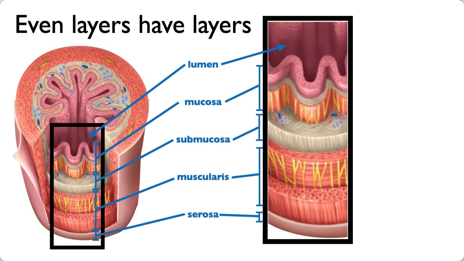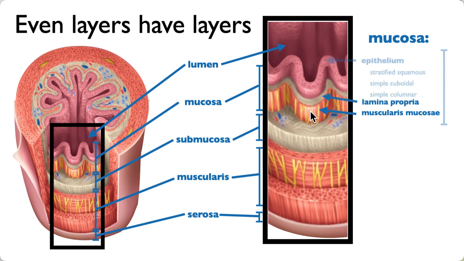Now, even our layers have layers, of course. The mucosa is made up of 3 layers of tissue. The muscularis mucosa is on the outside, and this is a thin layer of smooth muscle that helps to squeeze on the mucosa and allow it to secrete the substances that it's making, sort of makes it squirt out of glands.